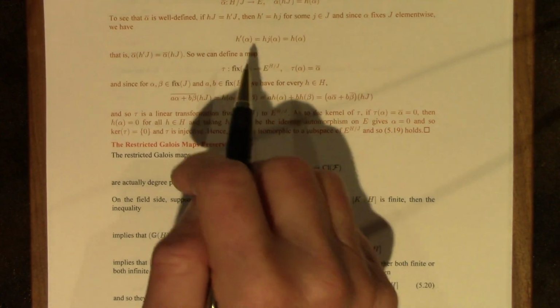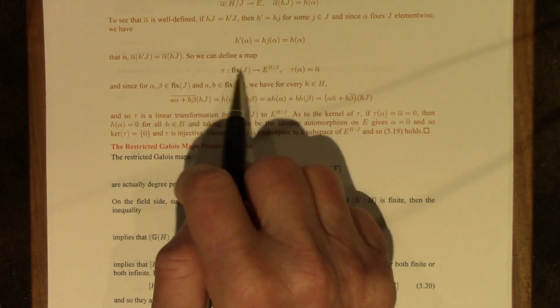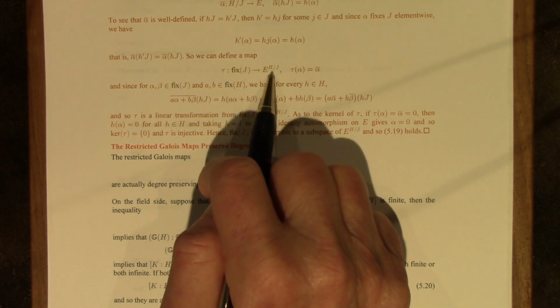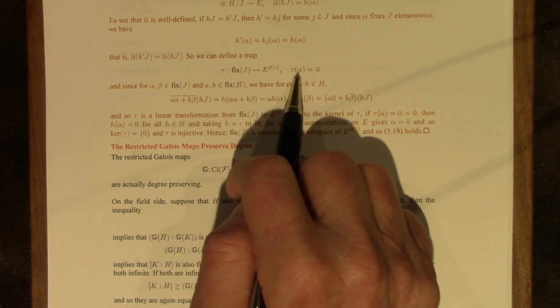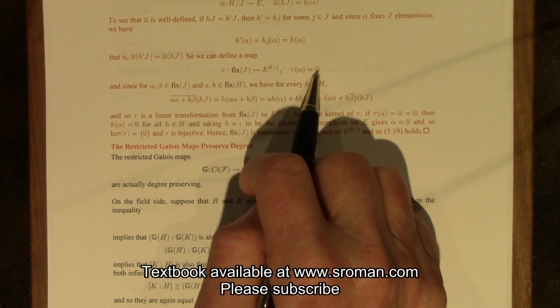Now we can define a map, tau, from fixed J to this vector space. Tau of alpha is alpha bar, evaluation at alpha.